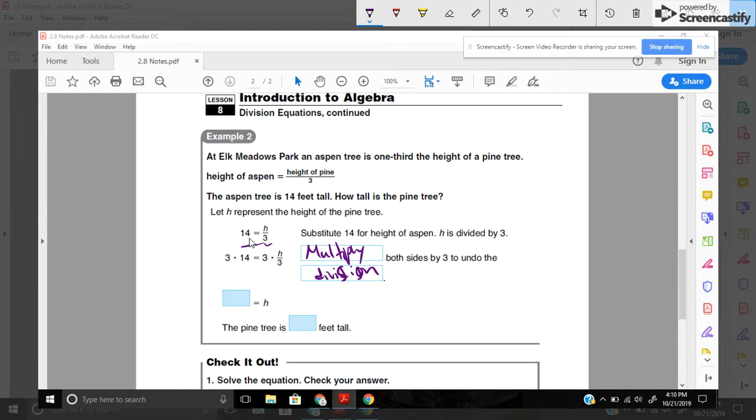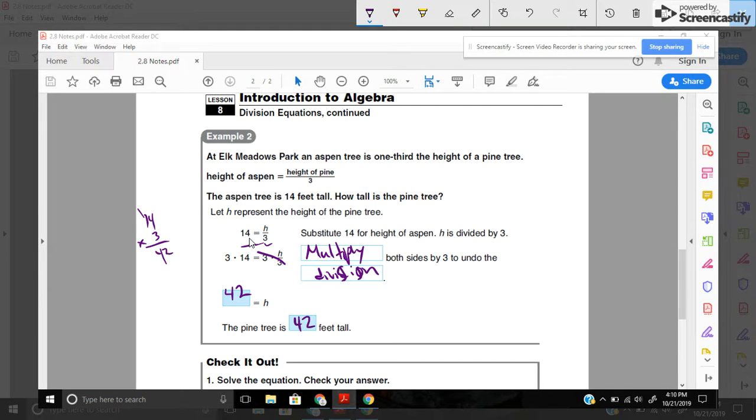This 3 times 3 will cancel each other out. Dividing by 3 and multiplying by 3 are inverse. I'm left with just h. And then 14 times 3. 3 times 4 is 12, carry my 1. 3 times 1 is 3, plus 1 is 4. So 42, and the pine tree is 42 feet tall.